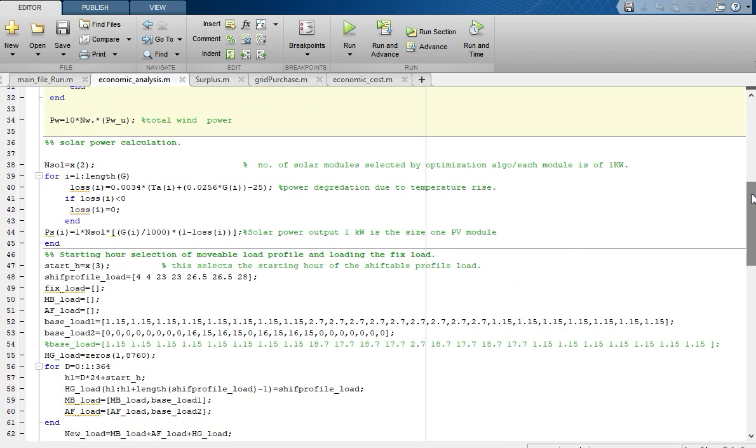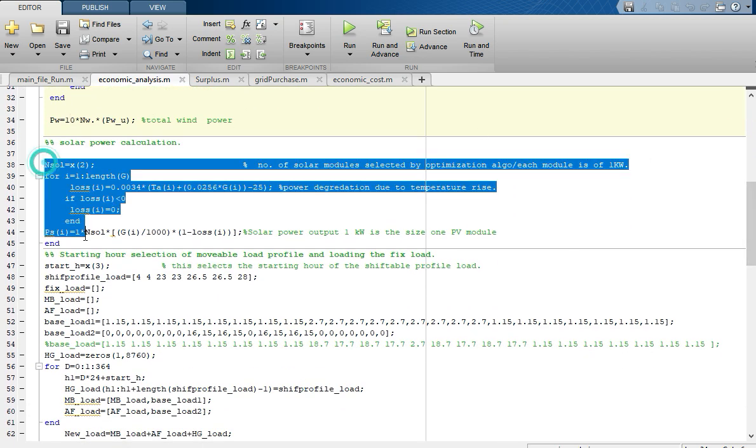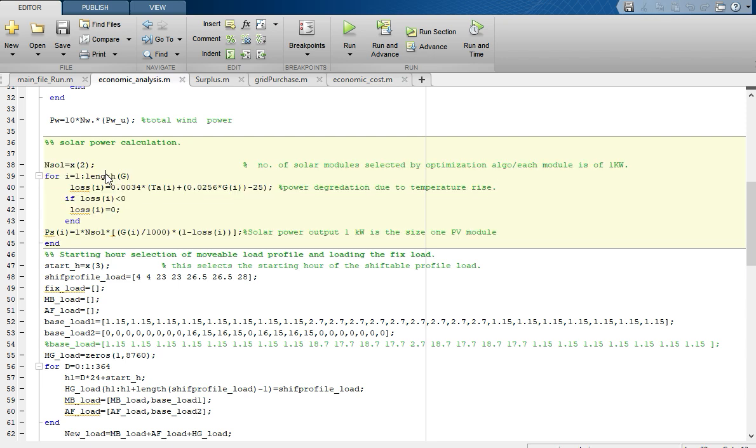Similarly, this is the solar section. In the same way, I will also share the formula for this calculation. This is just a parameter, a variable to calculate this term. This one, 25, is the reference temperature at which the power is calculated with respect to the ambient temperature.